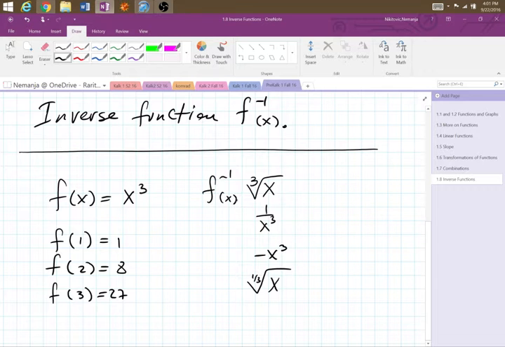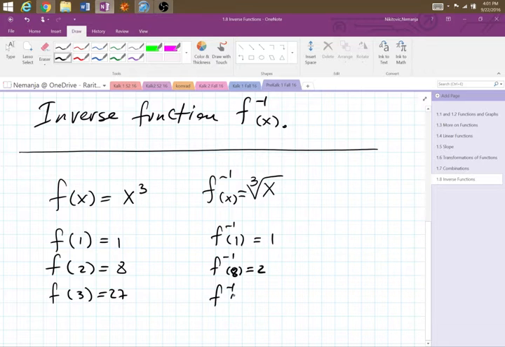We gotta get rid of the rest. So now you have the inverse function computed at 1 is 1. Inverse function computed at 8 is 2. And the inverse function computed at 27 is 3. Cool? It's extremely cool.